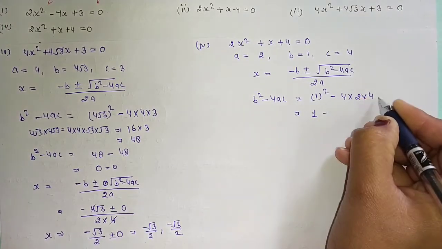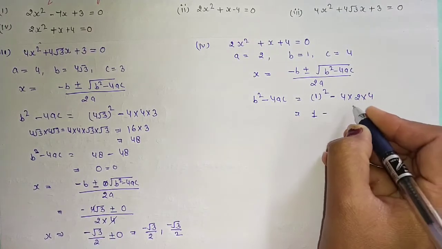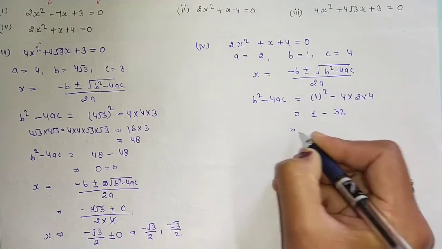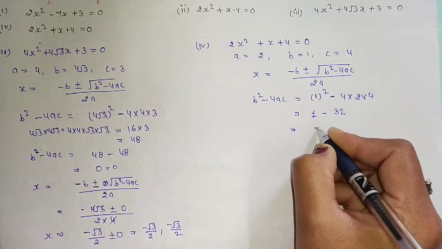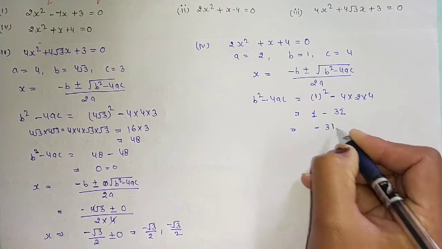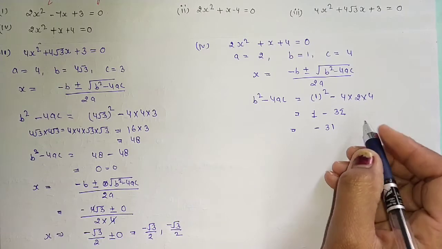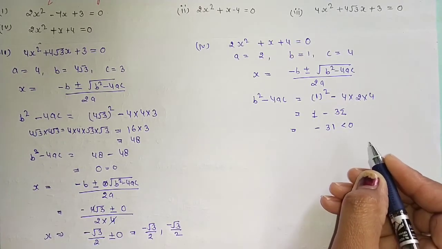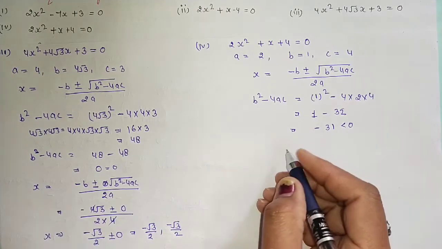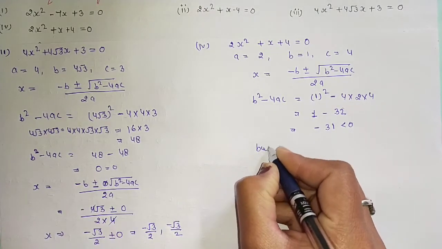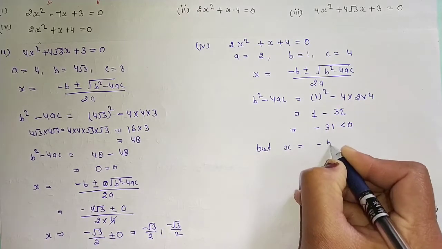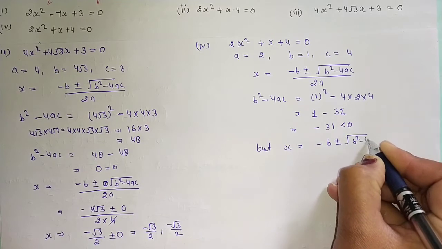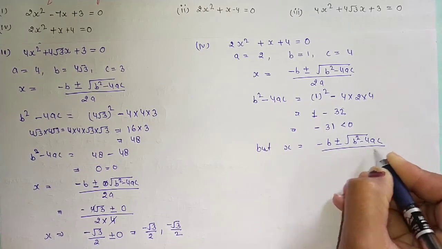1 minus 4 multiply 4 is 16, and 16 multiply 2 is 32. 1 minus 32, that is minus 31, and minus 31 is less than 0 because minus 31 is negative. But x equal to minus b plus minus root of b squared minus 4ac upon 2a.